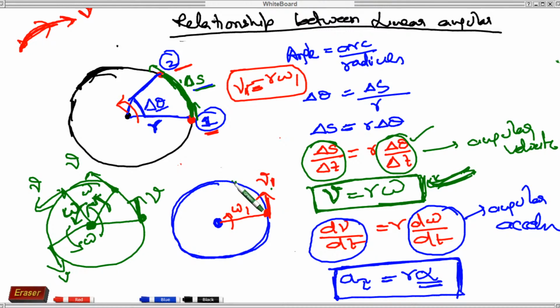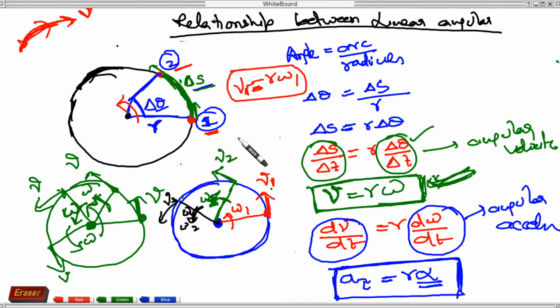When it goes to this point, the velocity is v2, which is greater than v1, with angular velocity omega 2. When it reaches here, the velocity is v3 and the angular velocity is omega 3. So v3 is greater than v2, which is greater than v1, and omega 3 is greater than omega 2, which is greater than omega 1.